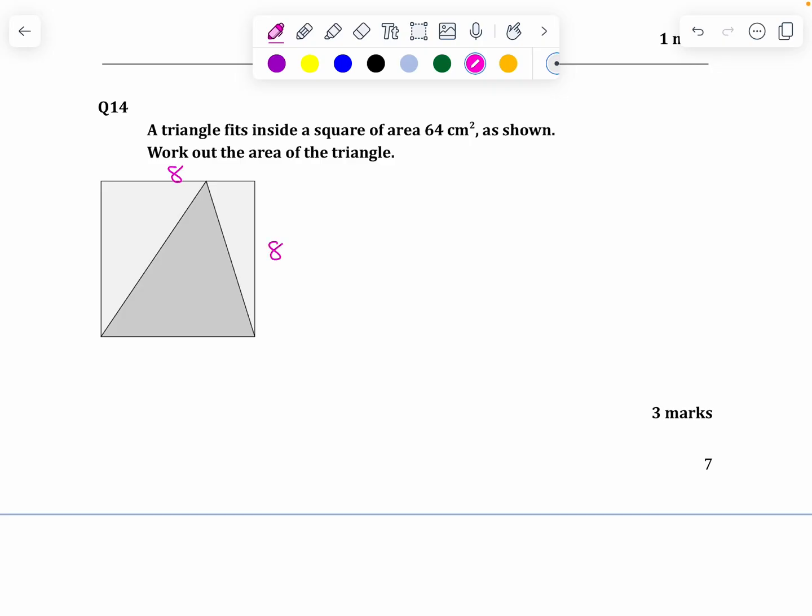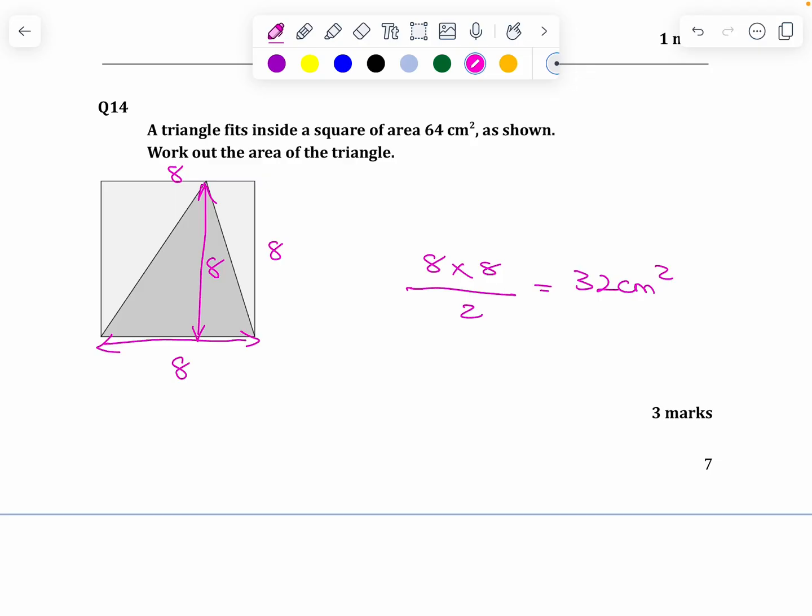So it means that this triangle that's fitted in here has a base of 8 and a perpendicular height of 8 as well. So the area is 8 times 8, and don't forget to half it. 8 times 8 is 64, half of it is 32. And don't forget your units, so centimetres squared.